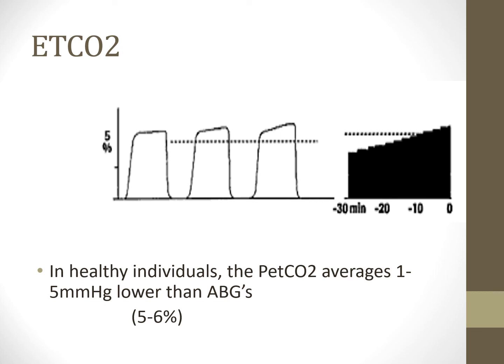It's going to be lower because remember that whole FRC thing. You've got gas that stays in the lungs at end exhalation, so therefore the end-tidal CO2 is going to be slightly lower than the actual PaCO2.